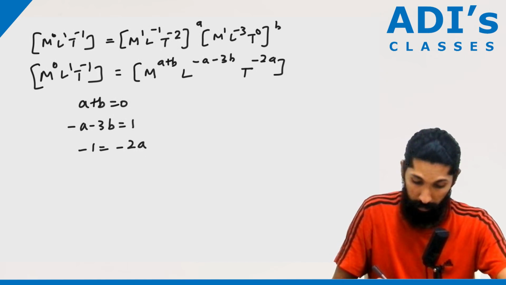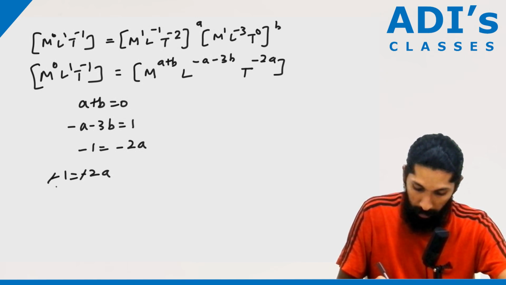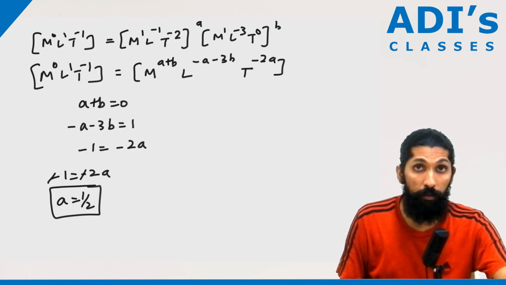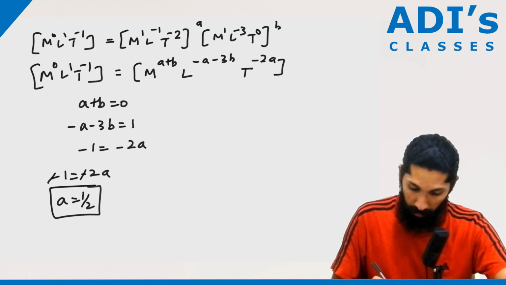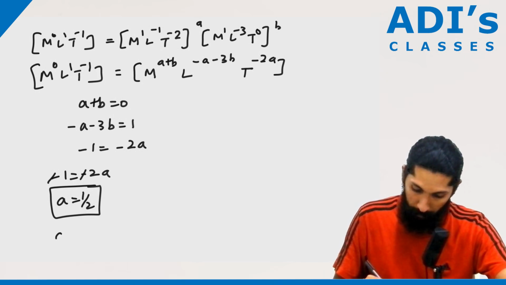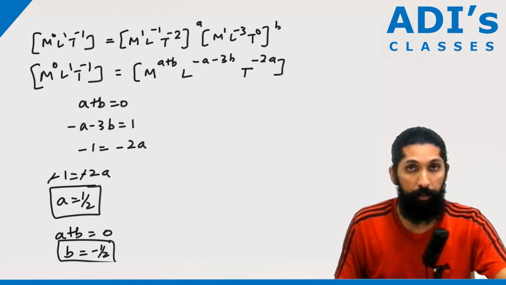Take the last equation. If you take minus 1 is equal to minus 2a, the minus cancels, and the a value becomes half. Once you have the a value as half, substitute this in the first equation, a plus b is 0. So what do you get? b is equal to negative half. We got the values of a and b.